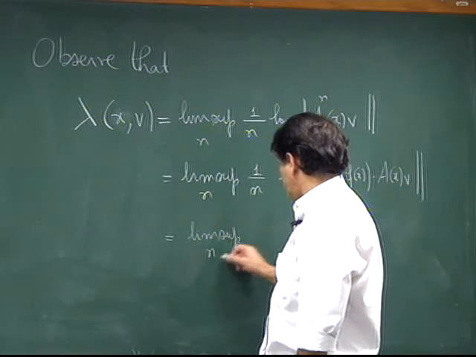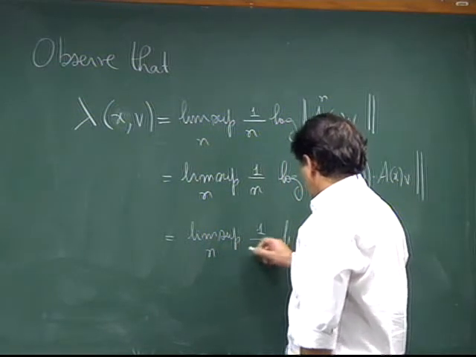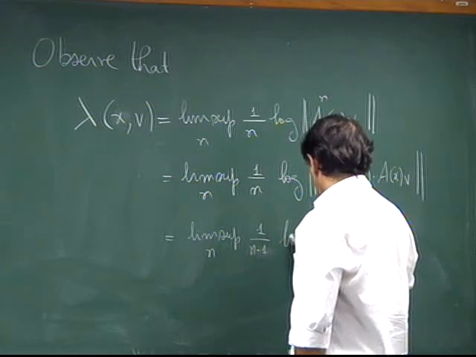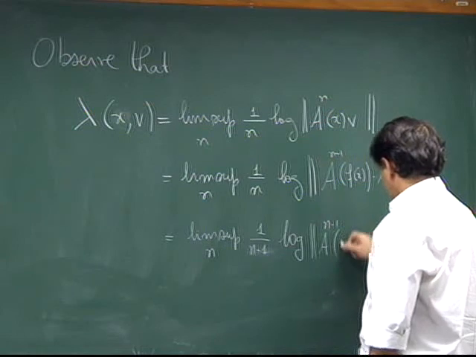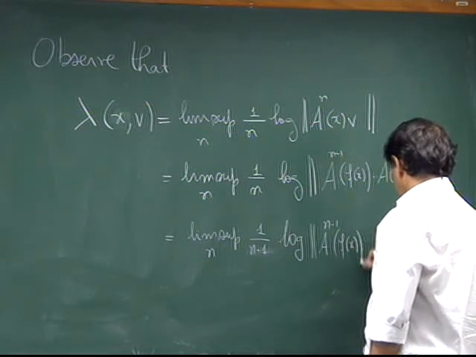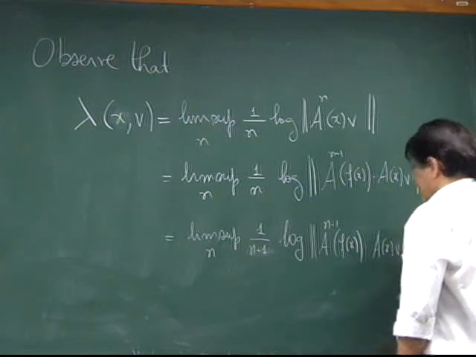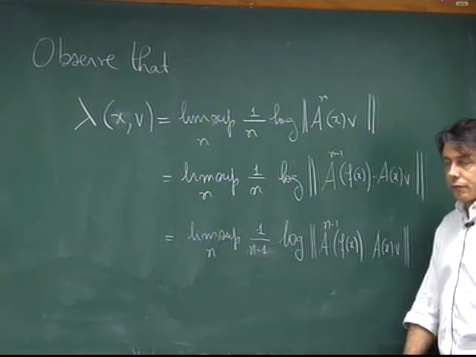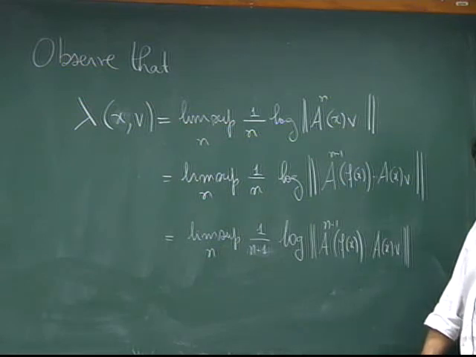lim sup 1 over n minus 1 log of A^(n-1)(f(x)) A(x) v. It doesn't make any difference whether I divide by n or by n minus 1 as n goes to infinity.